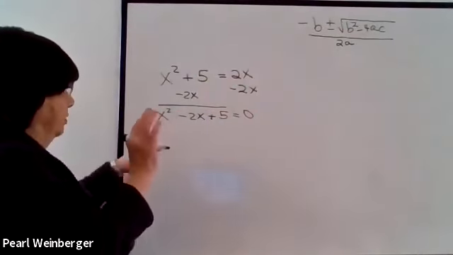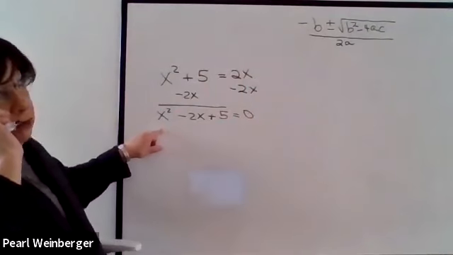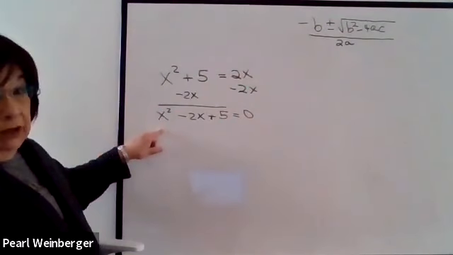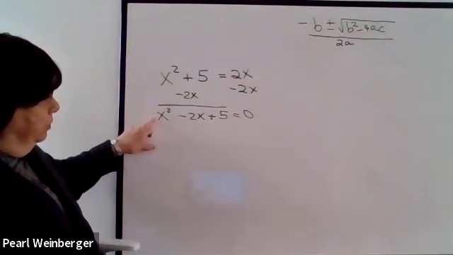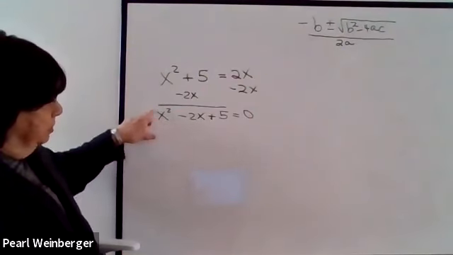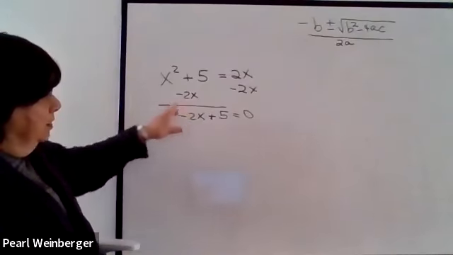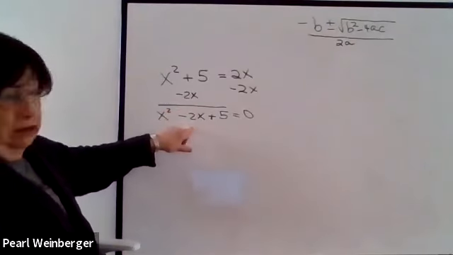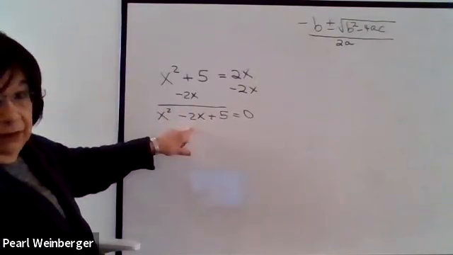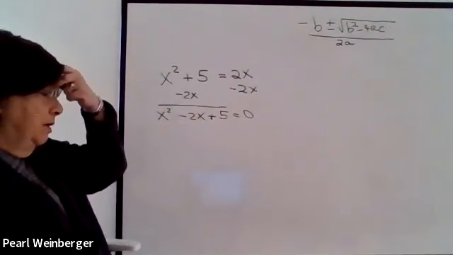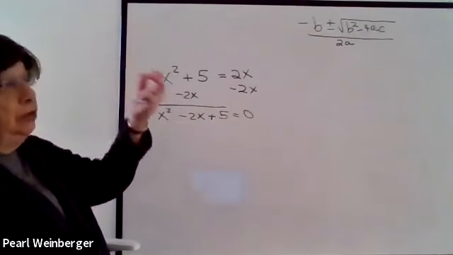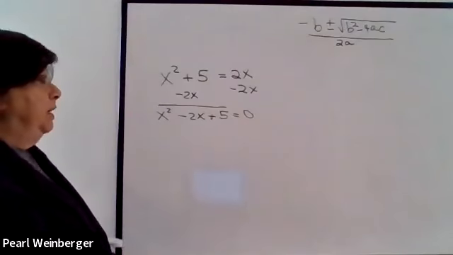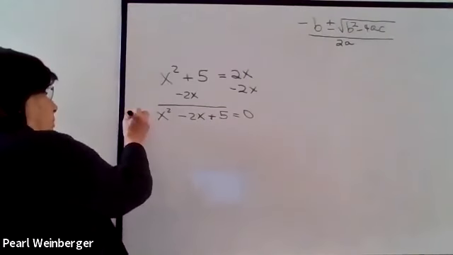Now, if I look at this, I really could have used the completing the square method because the number in front of the x squared is 1, the leading coefficient is 1, and the number in front of the x is even. It can be divided by 2. But as I said, I wanted to do this using the formula method, so let's go with the formula method.